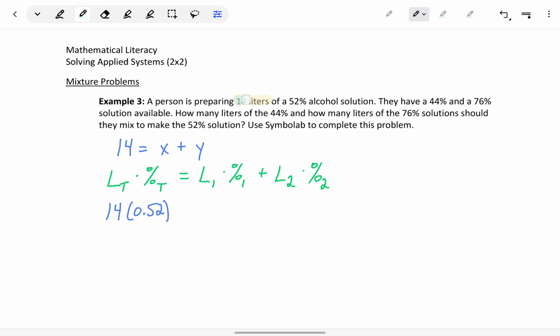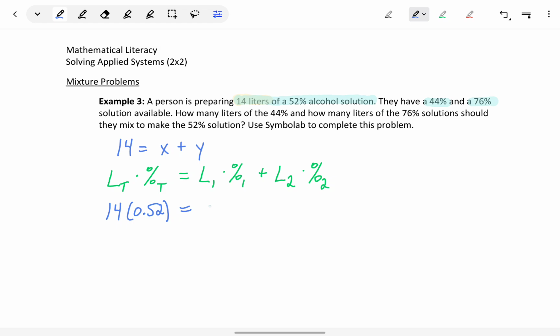And that's coming from this statement. We want 14 liters of a 52% alcohol solution. And what we have available is a 44% solution and a 76% solution.